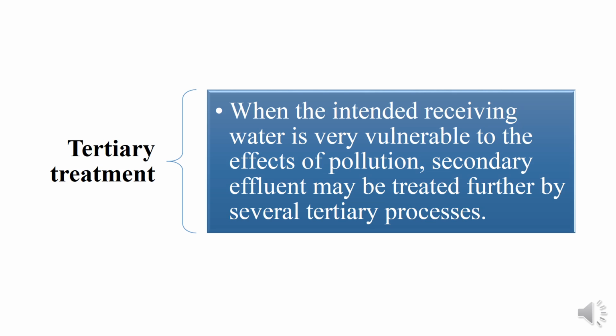But sometimes the water after secondary treatment has many different types of nutrients, particularly phosphorus and nitrogen in it, that should be removed to make that water usable. So tertiary treatment is required for such water.